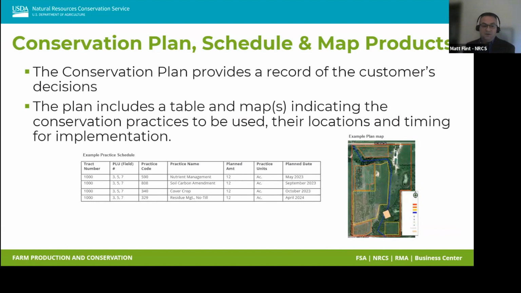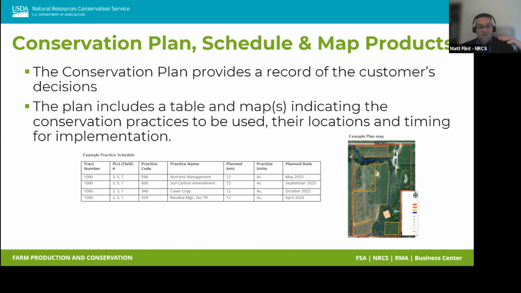The concept here is that the planned amount was 12 acres of each. I don't know if that's actually the units that we use. This is a hypothetical, but I think it is acres for all of those. And then look at the planned dates. It follows a chronological order. In May, we're going to start managing nutrients to drive down excess nitrogen, perhaps, or scavenge phosphorus.